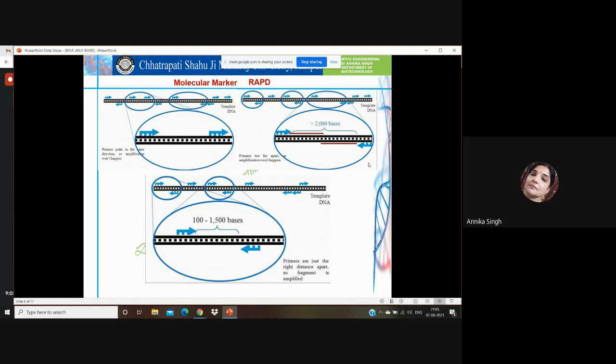So this can be cleared from this picture. Actually, this is the template DNA, which is used as a template for RAPD, a molecular marker technique, and these are short primers, and these primers are random in nature.